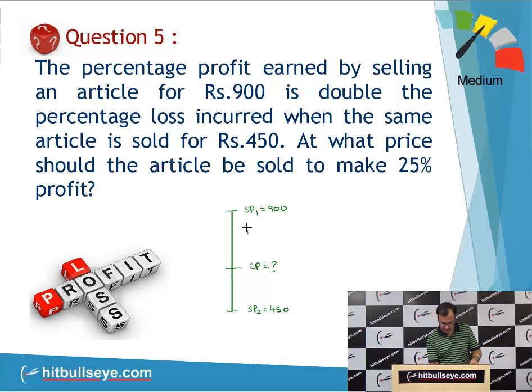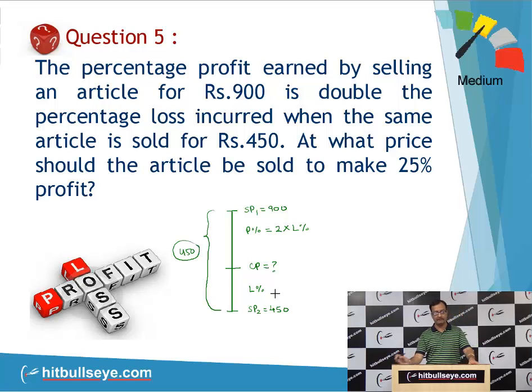Now further it is given profit percentage in first case while loss percentage in second case, and the condition says profit percentage is double the loss percentage. Now students, we know that profit as well as the loss percentage are both calculated on cost price. So their bases are the same. Now there is a difference of 450 rupees between the two selling prices.